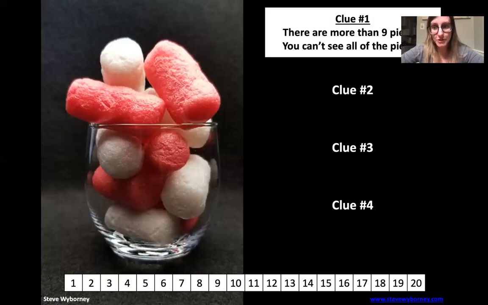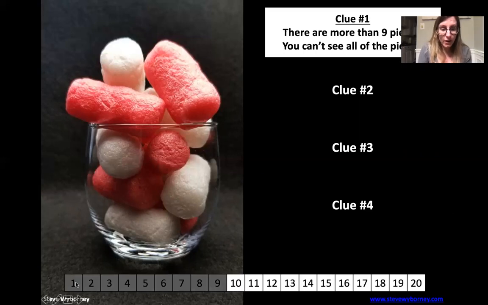If you didn't, you should change your estimate because we know it's more than 9. And remember, an estimate doesn't have to be right. We're making a guess. So here, notice that all my numbers, 1, 2, 3, 4, 5, 6, 7, 8, and 9, are blacked out because it is not any of those. It's got to be bigger. It's got to be more. So numbers that are more are 10, 11, 12, 13, 14, 15, 16, 17, 18, 19, and 20.